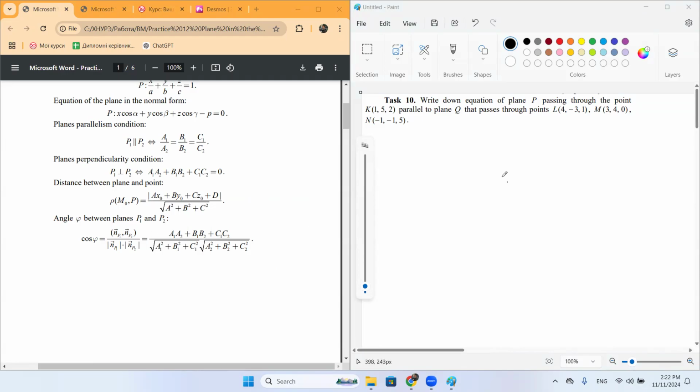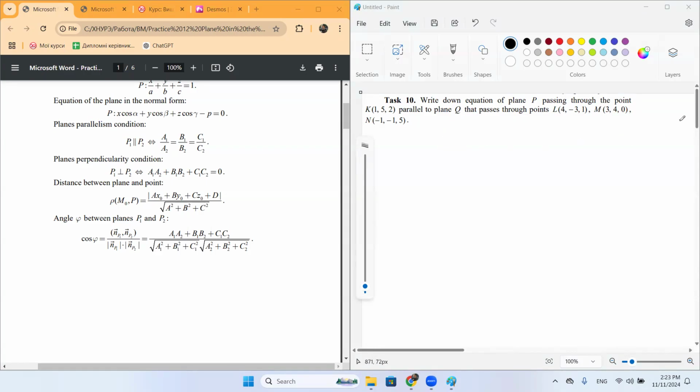Okay, no ideas. So first of all, we need to find a normal vector. So we have the point, and we need to find the normal vector. How can we find the normal vector for the plane P? Plane P is parallel to Q, so their normal vectors are the same.